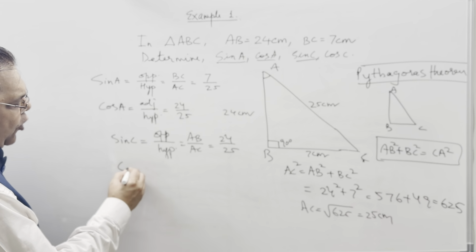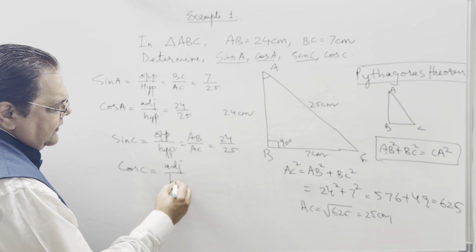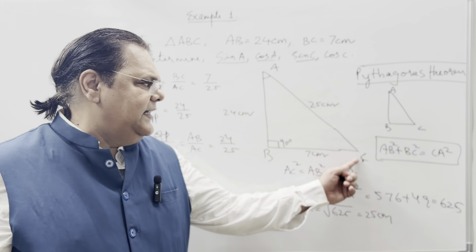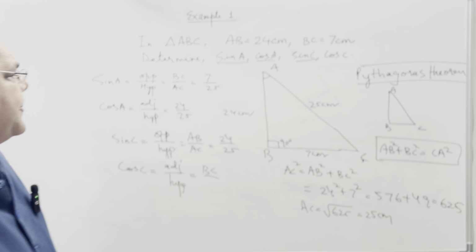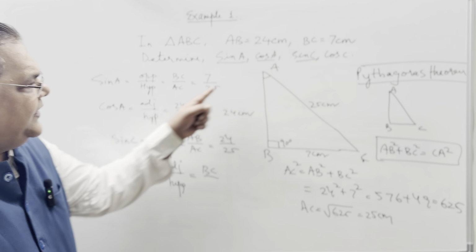Now let us find cos C. Cos C is adjacent by hypotenuse. So again, we will consider this angle. The adjacent is BC. Here you can see the adjacent was different.